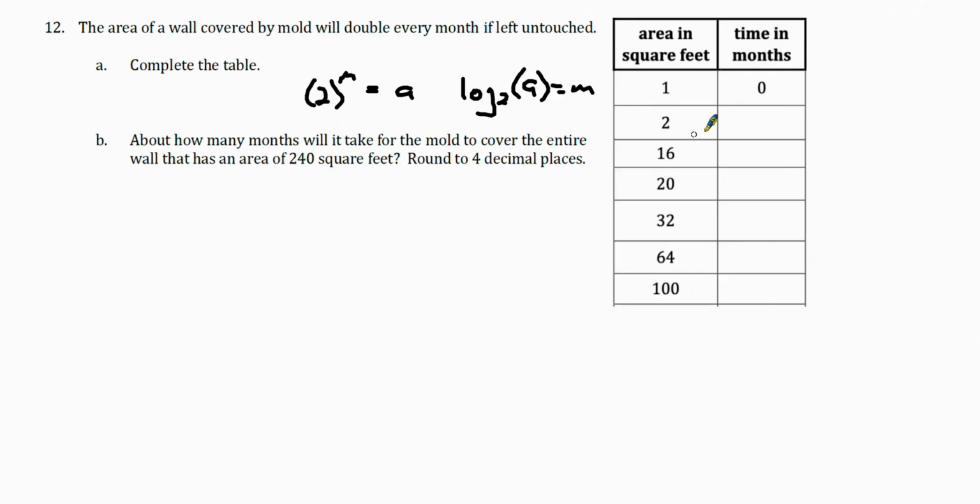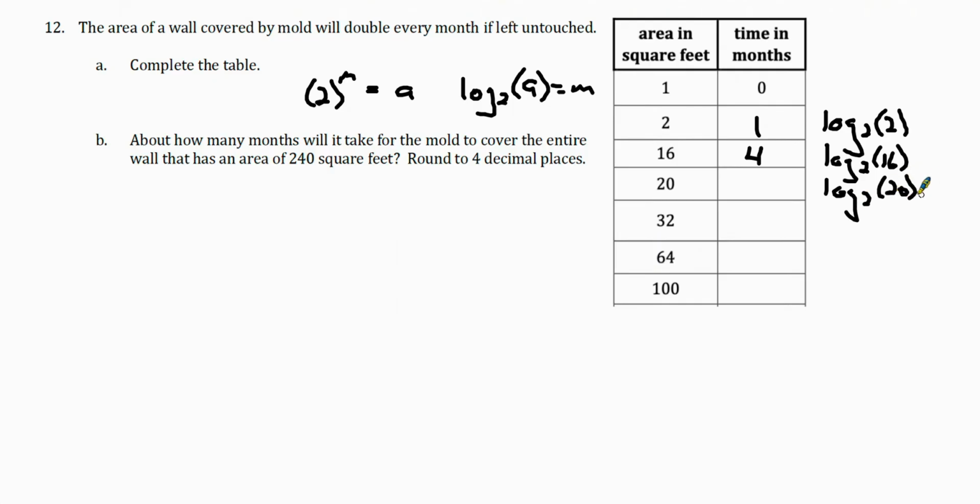So here I'm thinking log base 2 of my area of 2. So 2 to what power equals 2? Well, that would be 1. Here I'm thinking log base 2 of 16. So 2 to what power equals 16? That's 4.